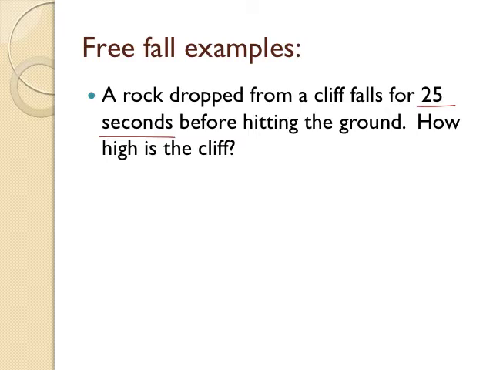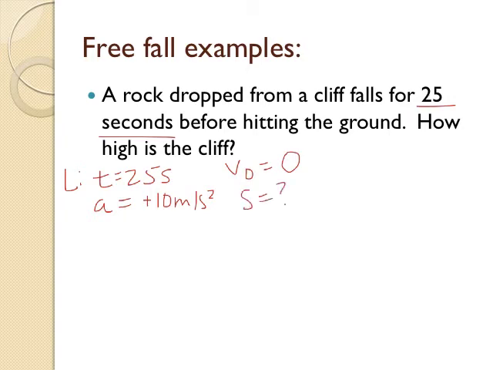What we do know for sure, t equals 25 seconds, and it is a rock dropping or falling, so that tells us that we're going to use positive 10 meters per second squared for our acceleration. And if you're dropping a rock from the top of the cliff, what's the initial velocity? V0 equals 0, and we want to know our distance. So the equation you're going to use is s equals 1/2 a t squared.